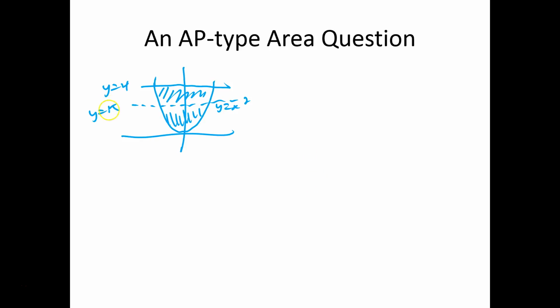So they want some k value so that the area above k and below k are equal. And they might say, what's k? So find k.